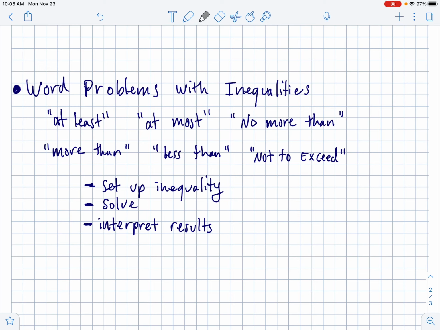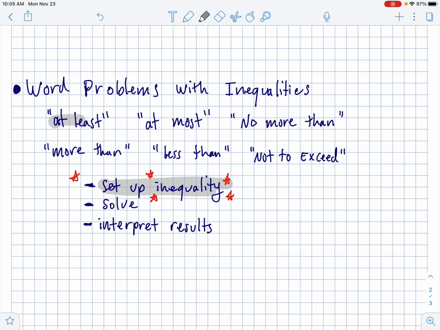Probably the hardest part of this unit that we did is word problems, real-life applications of inequalities. In general, you guys had to read through a real-life situation and then come up with an inequality that represents it. This can be one of the hardest things, reading through a word problem and then coming up with an equation or an inequality that represents that situation.